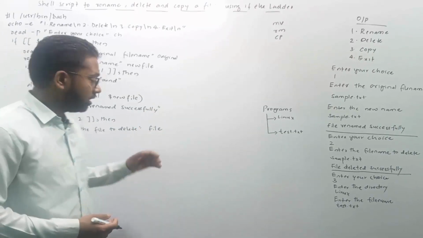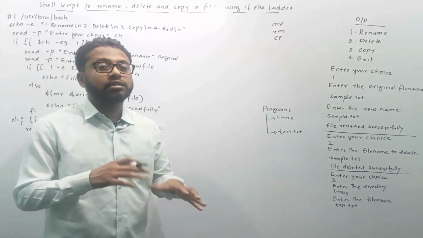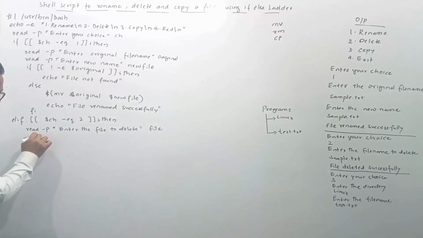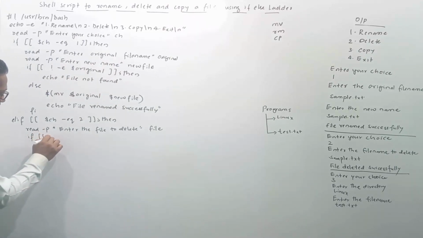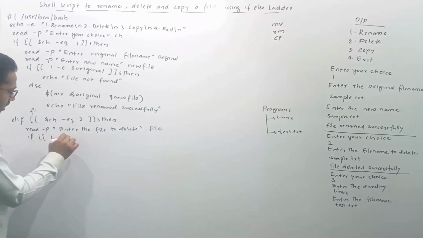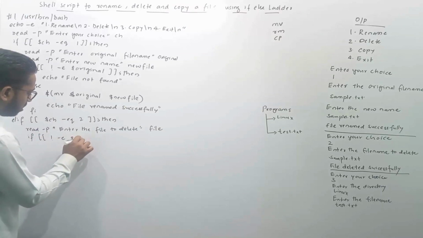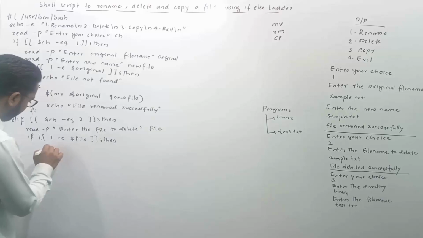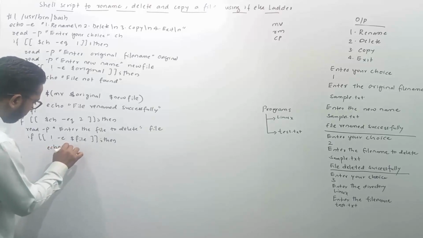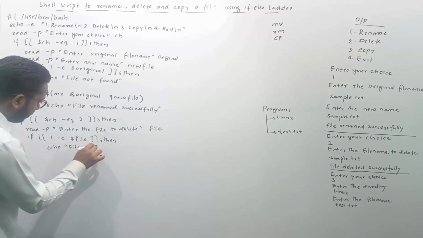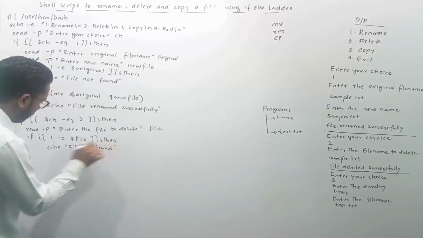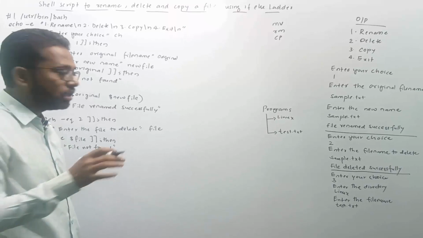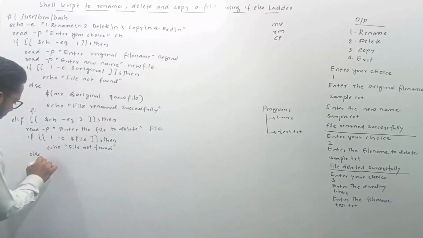Now I need to check whether the file which user wants to delete exists in the system or not. For that I need to check a condition. If -e, if file not exist, then echo file not found, else I need to delete the file using rm command.